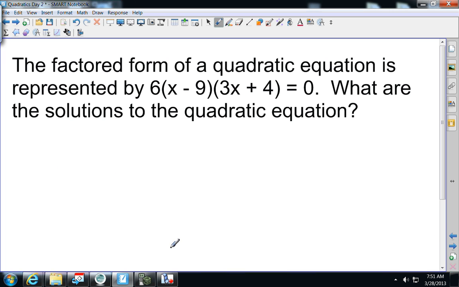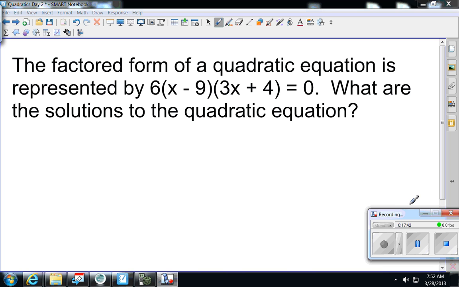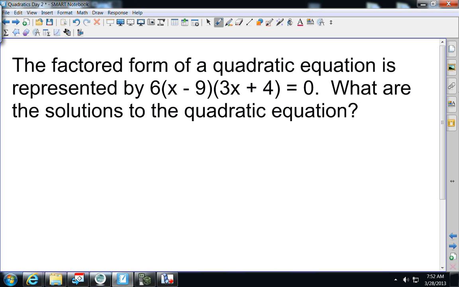There's the next one. Answer this one. In this case, you don't do anything with this GCF because it's just a 6. Don't worry about it. The only thing you do is take what is inside the parentheses right now and set them equal to 0.